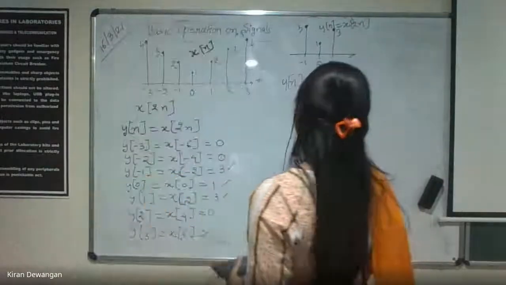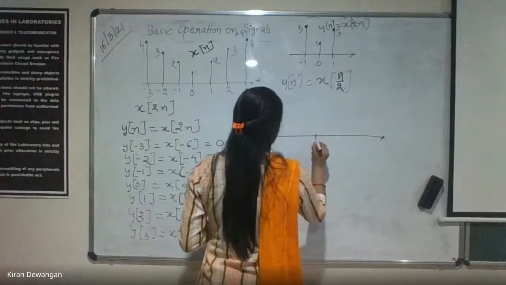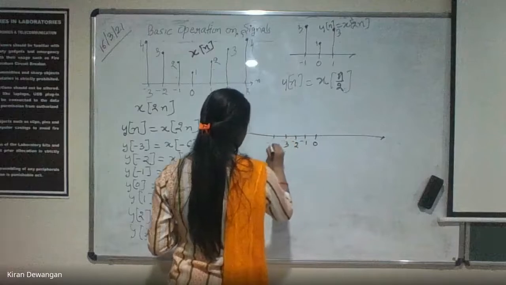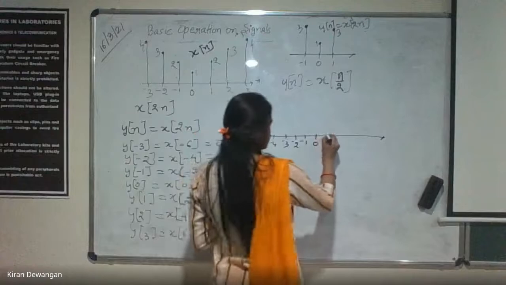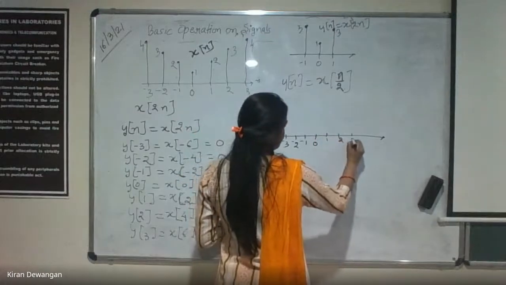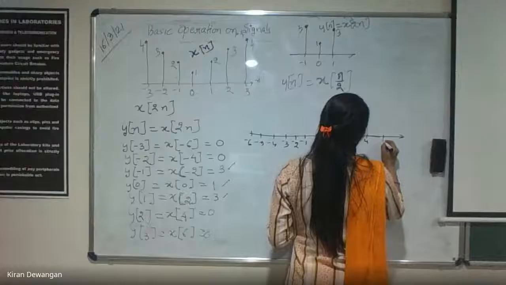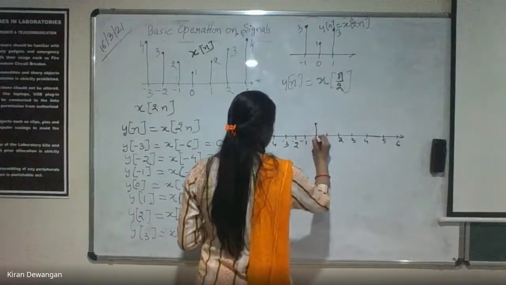So the plot will be simple. 0, -1, -2, -3, -4, -5, -6. 1, 2, 3, 4, 5, 6. 0 it will be 1.